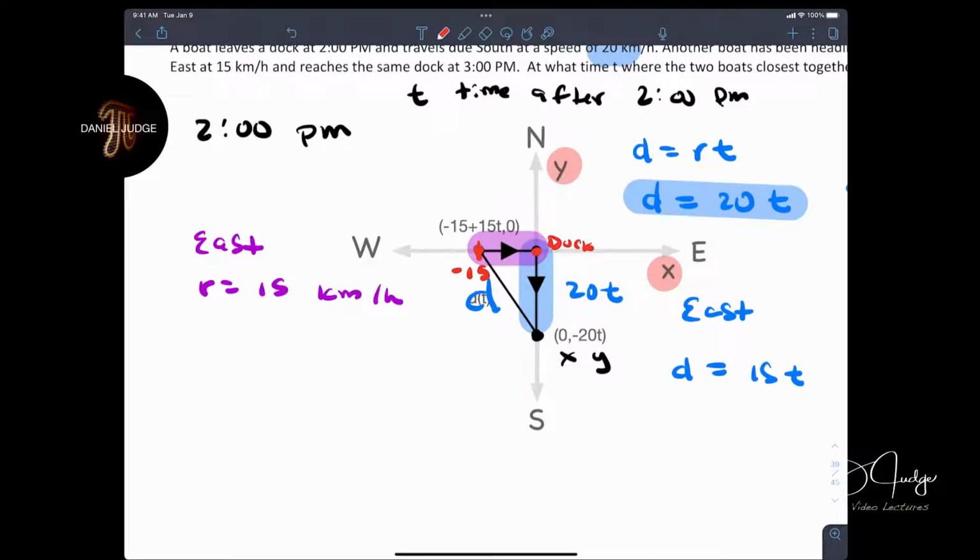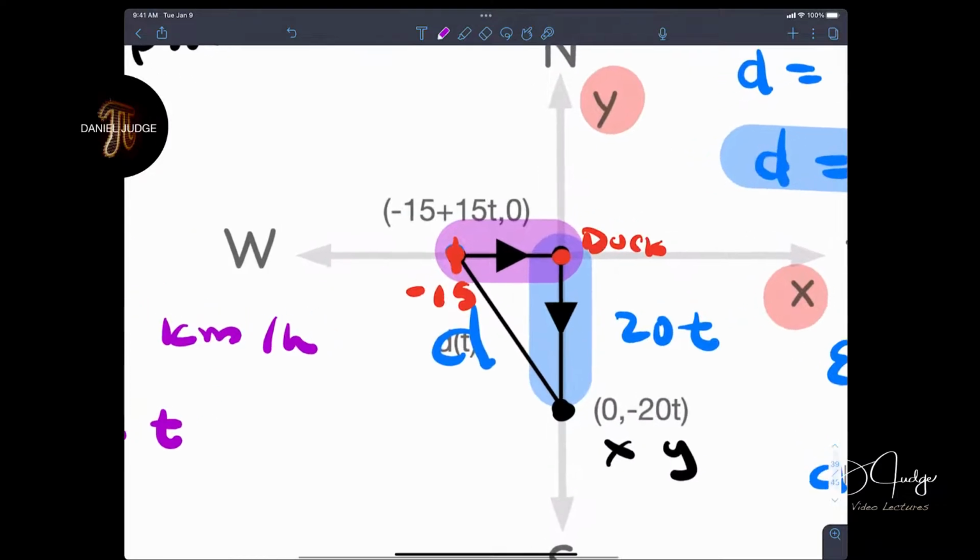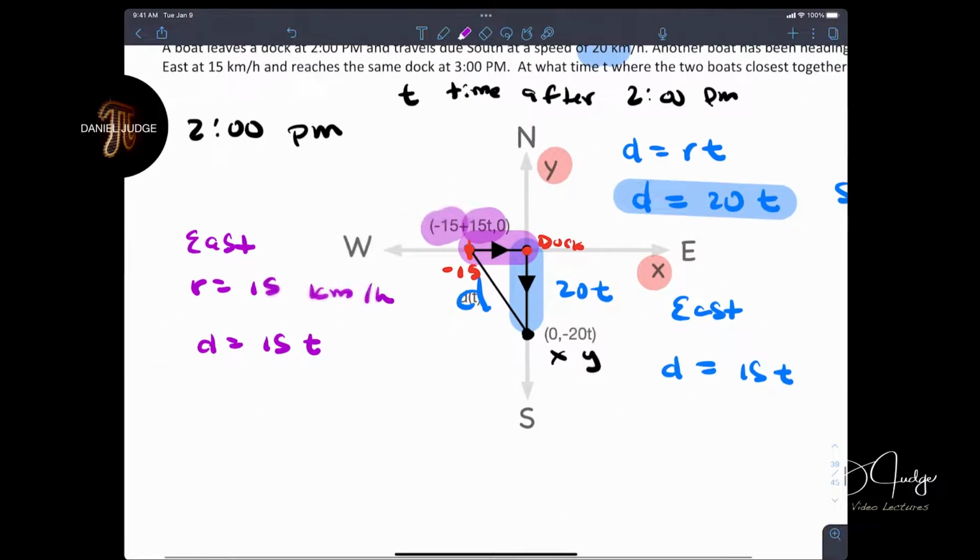So it starts here at minus 15, but the distance it traveled in 1 hour will be, let's get out our purple, rate times time. This is the 15t here. So we just found this is the distance that it traveled, but it started at negative 15 because it's now at the dock.